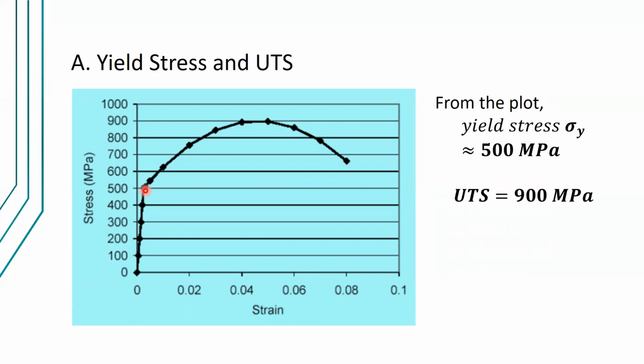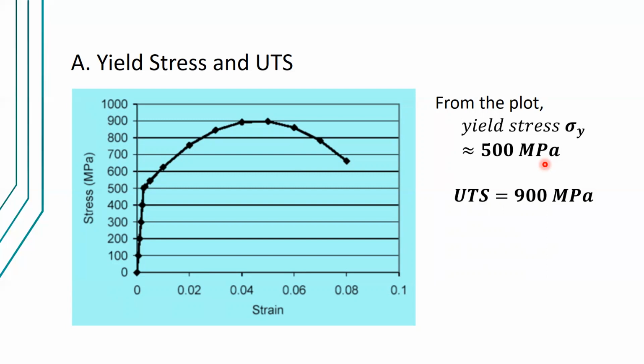So that's the yield point. The reason why we call that the yield point is that this is the straight line, and beginning from here, the relationship is no longer linear. So the stress corresponding to that yield point is 500. Therefore, the yield stress is 500 megapascals.